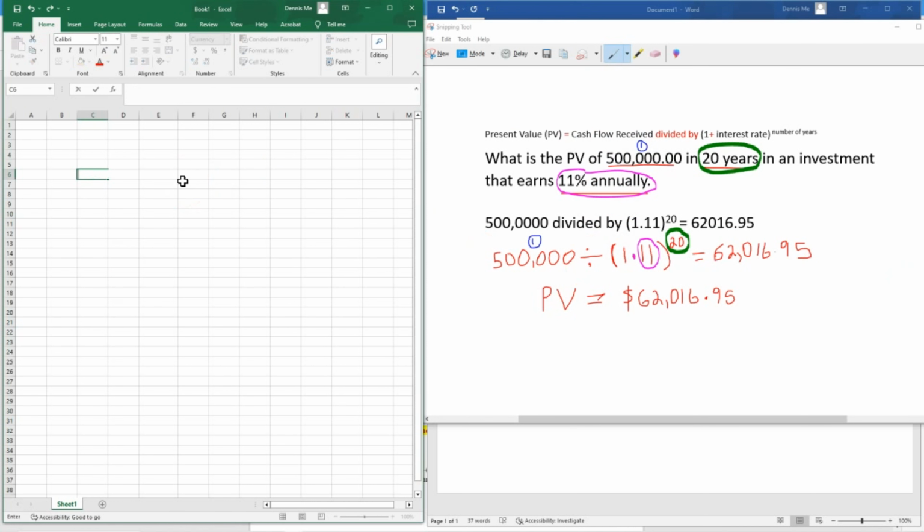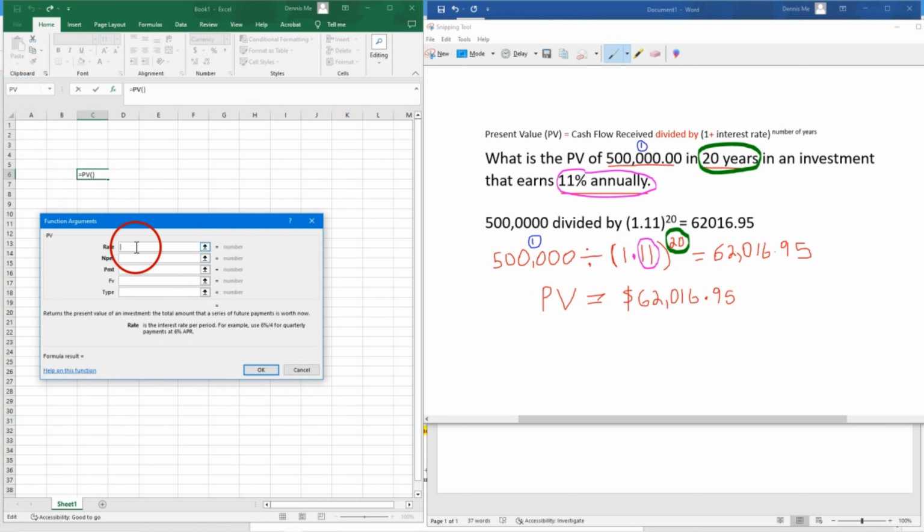So let's go back and start over. We press equal, we select present value. The rate is 11%, so we put 0.11. The number of periods is 20. The future value of this is $500,000.